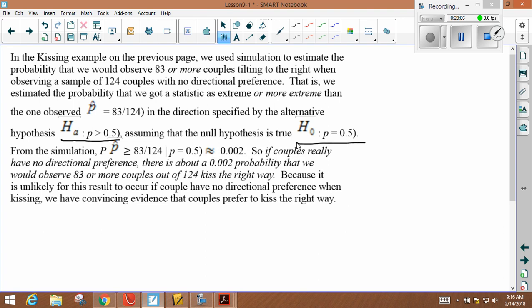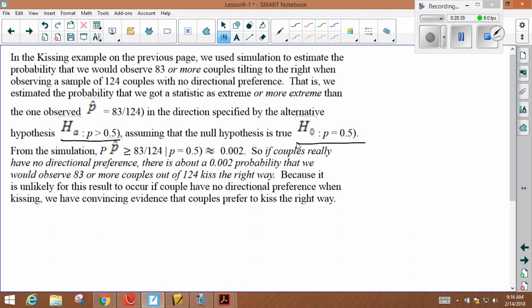Or we could say that the probability of occurring is very low. And because that probability is so low, we're going to say that it's unlikely for that result to occur if there actually is no preference, right? And that's the whole idea in a nutshell of what we're going to be doing for the rest of the class. This is really, honestly, what we're doing for the rest of the year.